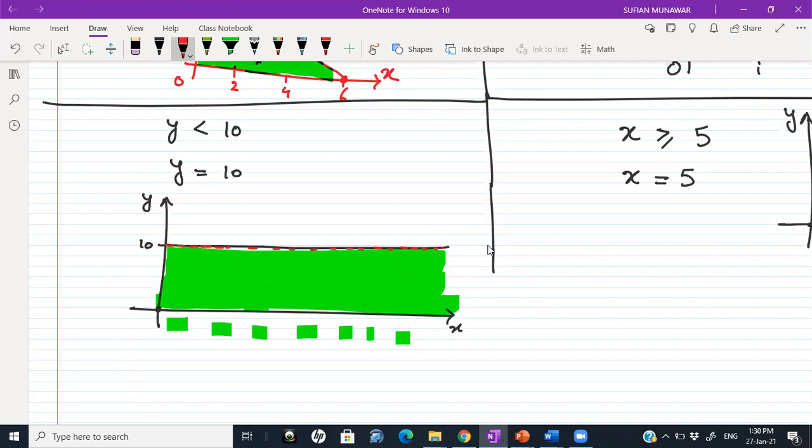Now we come to the solution technique. How to get the solutions of inequalities.